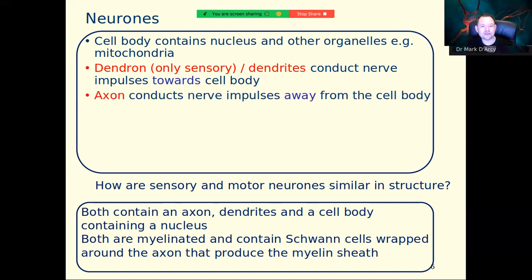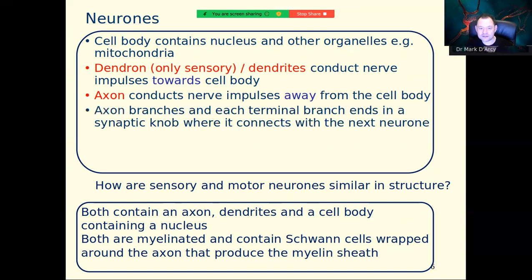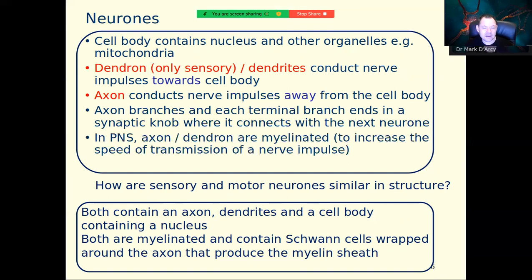The axon conducts nerve impulses away from the cell body. Axon branches, and each terminal branch ends in a synaptic knob where it connects with the next neuron. In the peripheral nervous system, that's all the nerves that are outside the brain and the spinal cord, the axon and the dendron are myelinated to increase the speed of transmission of a nerve impulse.